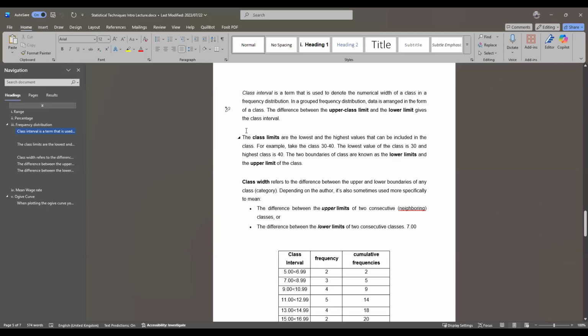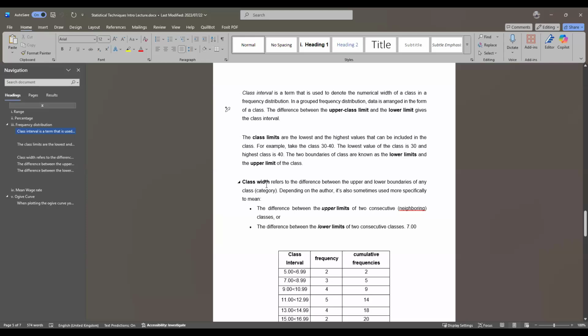The class limits are the lowest and the highest values that can be included in the class. For example, for the class 30 to 40, the lowest value is 30 and the highest value is 40. The lowest value is called the lower limit of that class. The highest value is called the upper limit of that class.